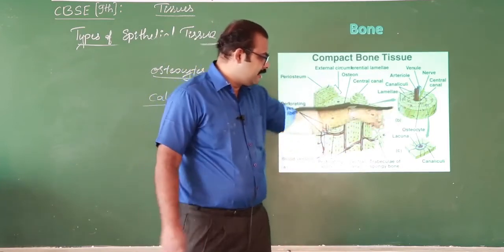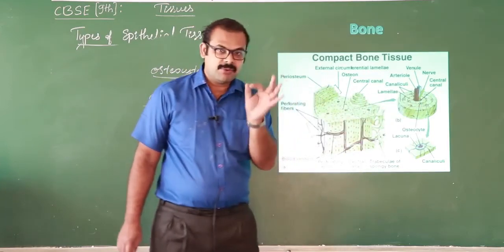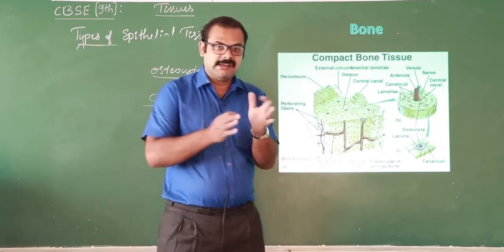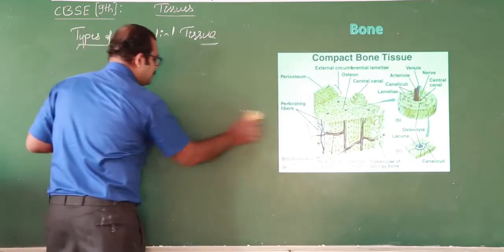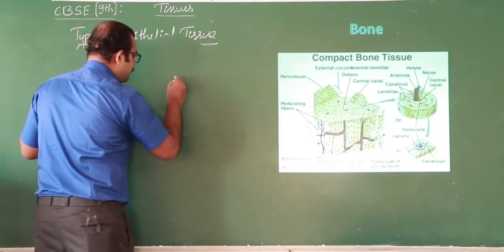In that, see this eye-like structure, they are nothing but bone cells. These bone cells are interconnected to one another. Let's see how they are interconnected. I'll show that.